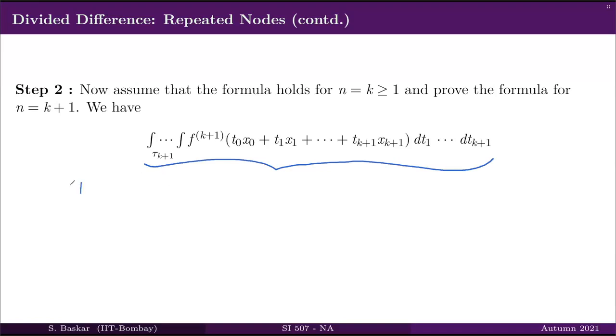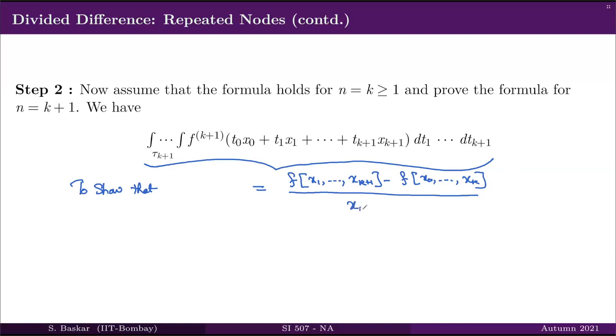That is to show that this entire thing is equal to f of x1 to xk plus 1 minus f of x0 to xk divided by xk plus 1 minus x0. Let us see how to prove this.